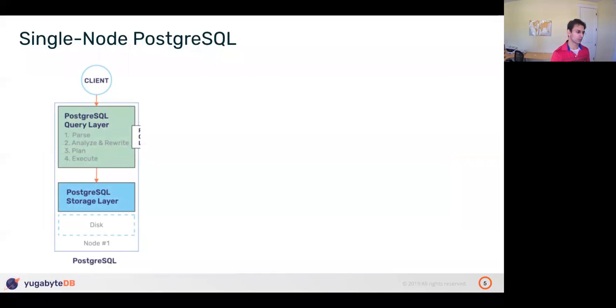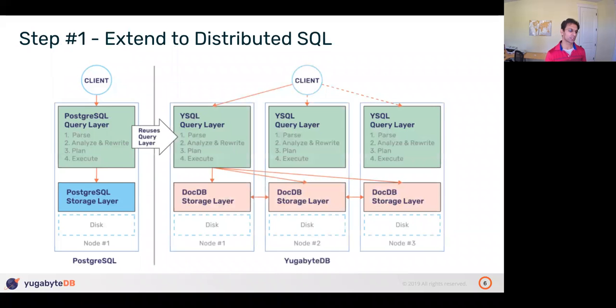Okay, so what does Yugabyte do? If you take a single node Postgres, we're talking about the upper half or a high level view. A single node Postgres can be split into the query layer on top and the storage layer that deals with the single disk below, right? And what we do in Yugabyte is, you can think of building this database in 3 steps. The first step is simply to make that query layer stateless. So change the way it interacts with the storage layer to go to a remote storage layer as well, right?